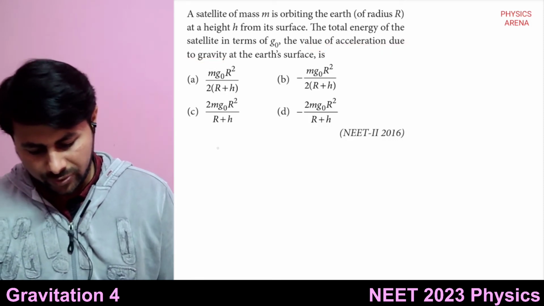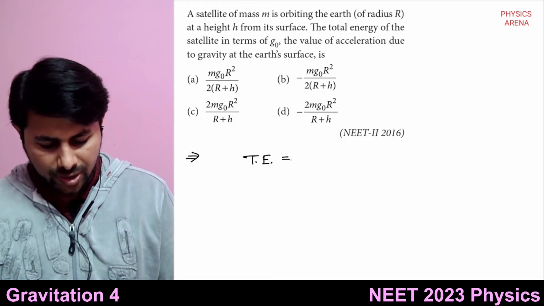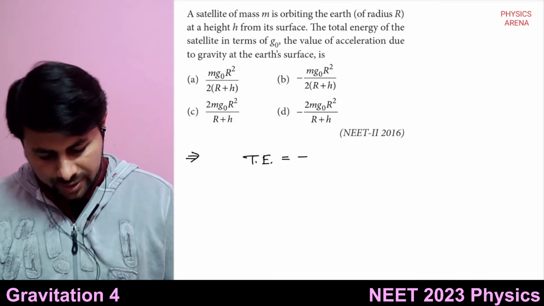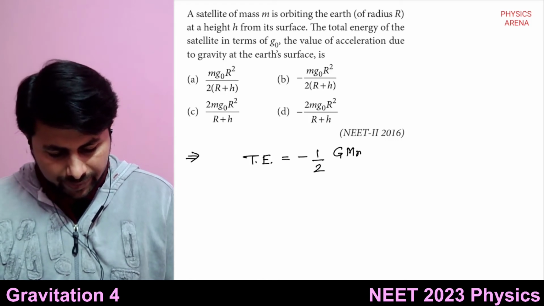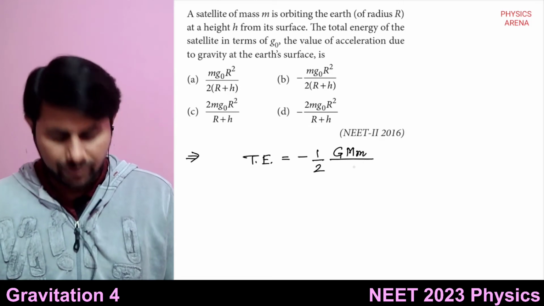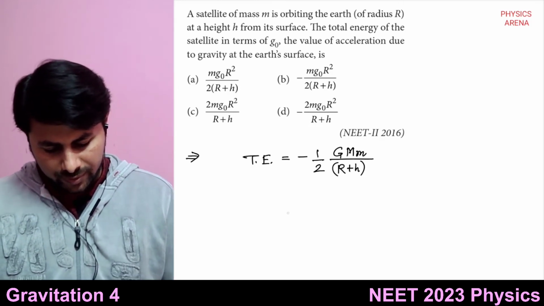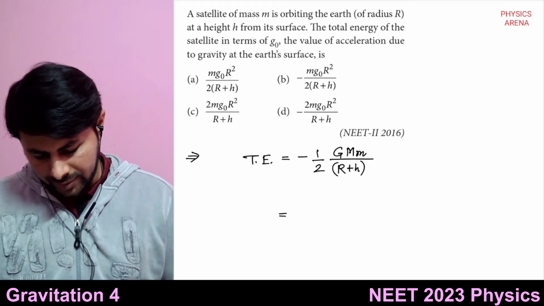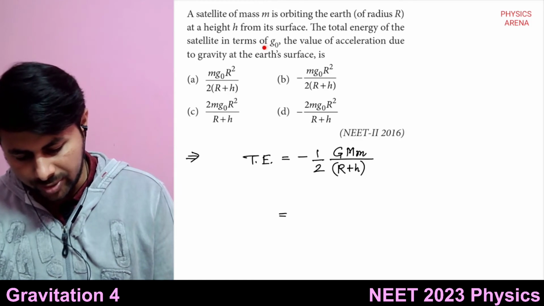All right, so we know the formula for total energy. It is minus half of GMm upon small r. And what is small r? It is R plus h, right?